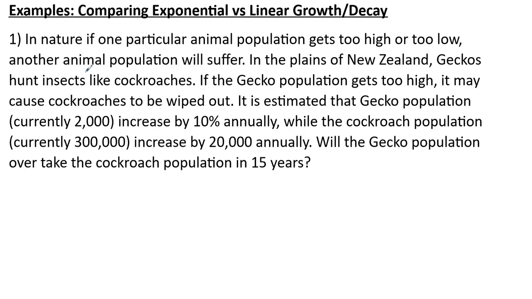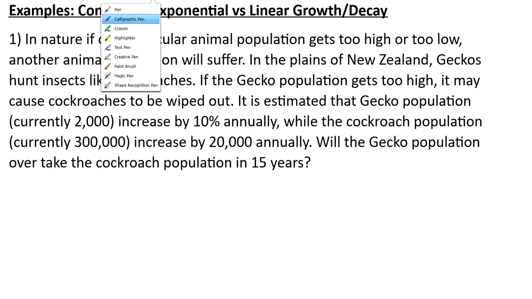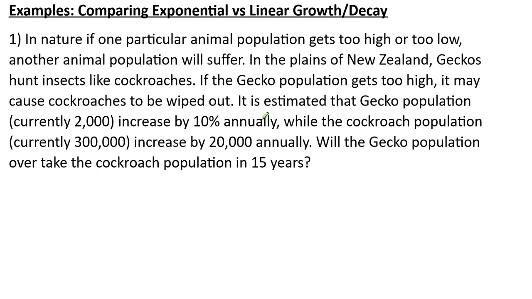All right, now we're into the comparing problems. We're going to look at something exponential versus something that's linear. Okay, so here's our first one. In nature, if one particular animal population gets too high or too low, another animal population will suffer. In the plains of New Zealand, geckos hunt insects like cockroaches. If the gecko population gets too high, it may cause cockroaches to be wiped out.